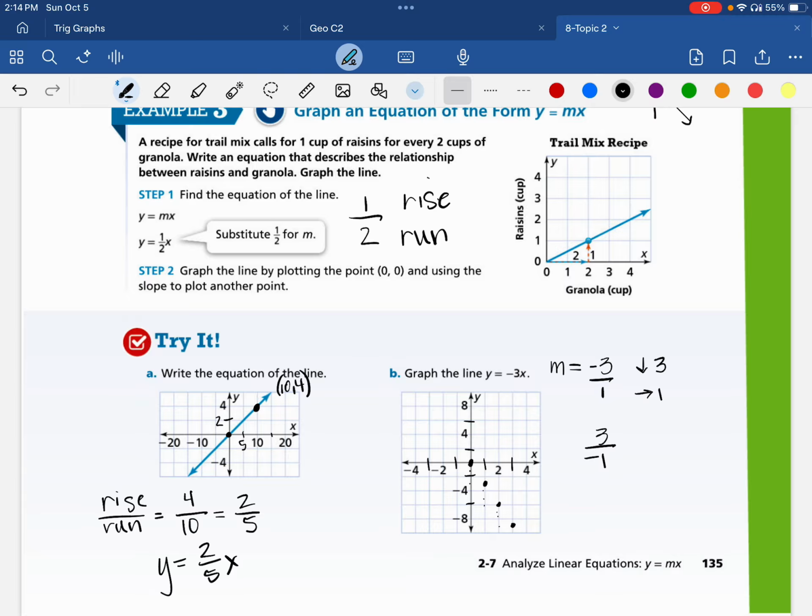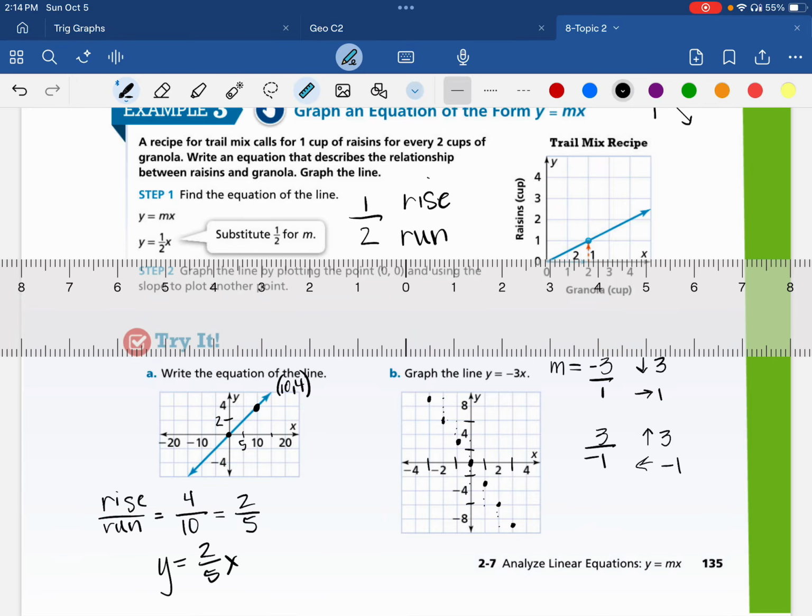So now my rise is a +3, which is going to indicate going up 3. My run is a -1, so that's going to tell me to go left 1. So if we go back to 0, 0, now I'm going to go up 3, left 1. And I'm going to continue doing this until I run out of graph.